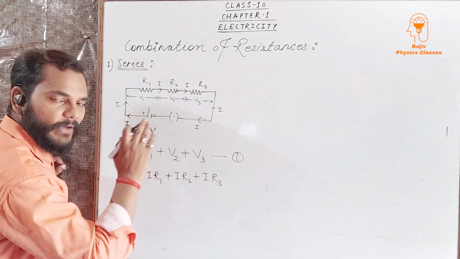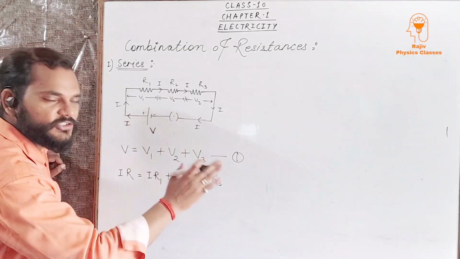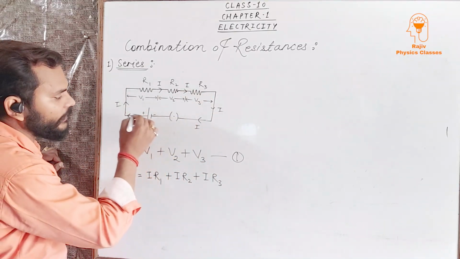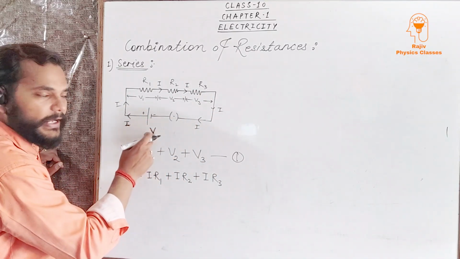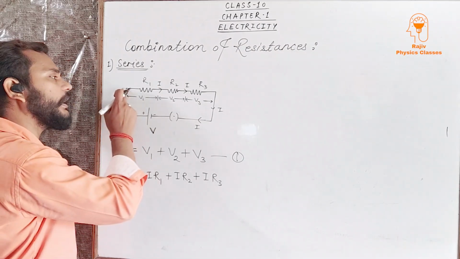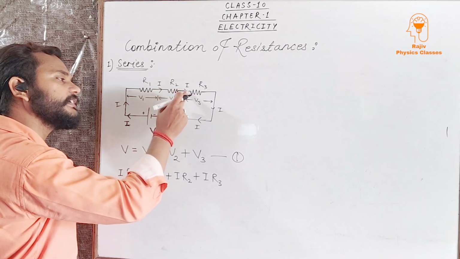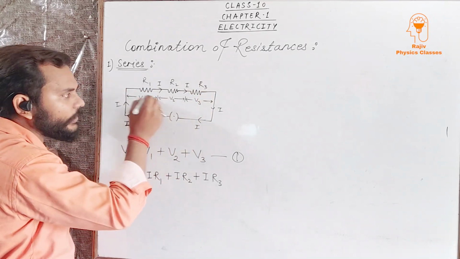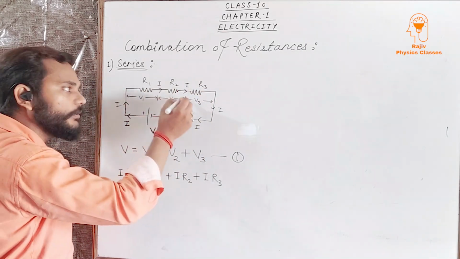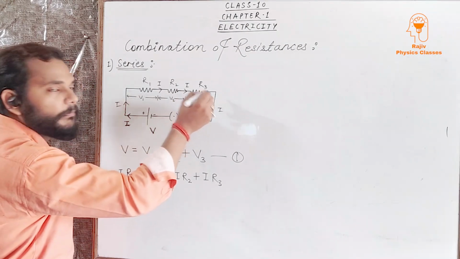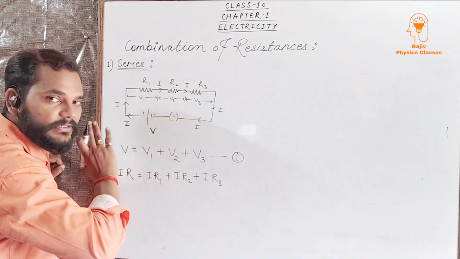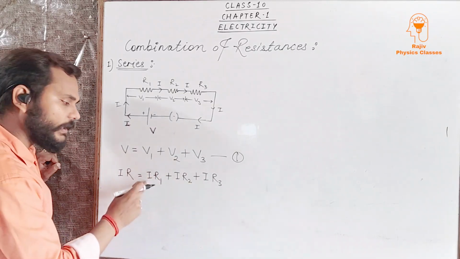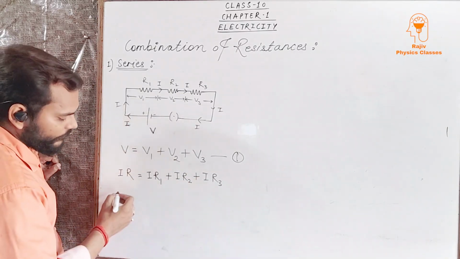Because the value of current never changes during the series combination of resistances. Whatever be the total current we get from the supply, that total current will pass through the individual resistances connected in the circuit. That means the current I only will pass through R1, I only will pass through R2, and I only will pass through R3. That means there is no change in current. That's why I have not written I1, I2, I3. Here only I, and I.